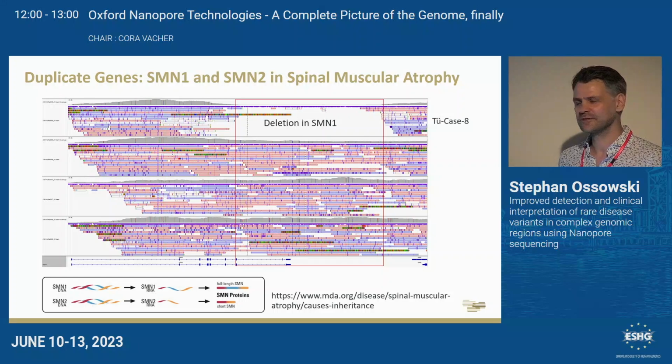So if you lose SMN1, like here, by this deletion, you will not have enough protein, although depending on the number of copies of SMN2, you get some protein. And that creates the disease spinal muscular atrophy. And as you can see here, we have 3 controls and then the gene itself, and in that case we simply had a large deletion of that gene.